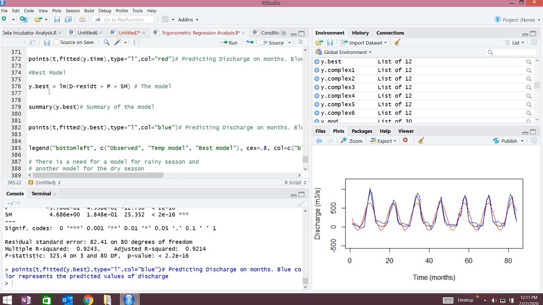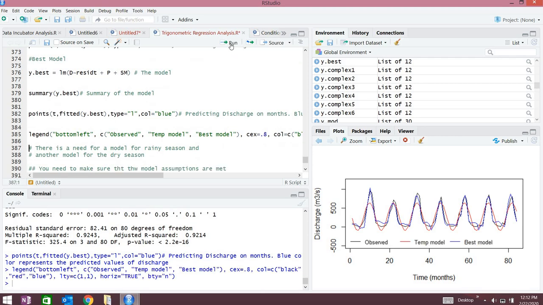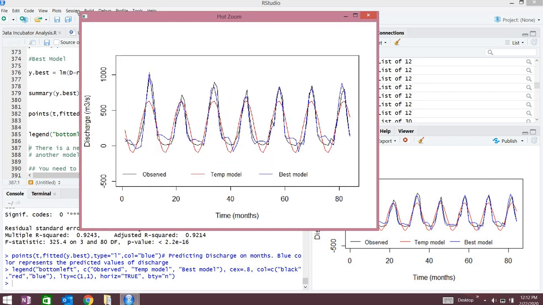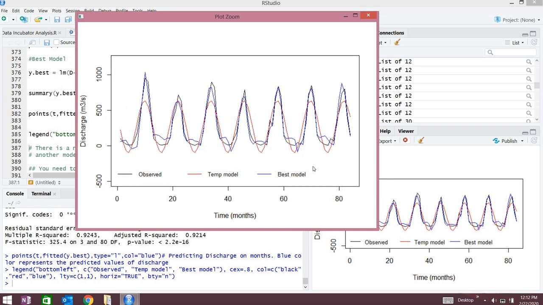So Y best and the fitted for Y best. And we put the label. Okay, so observe this river discharge, temporal river discharge, and the best model.